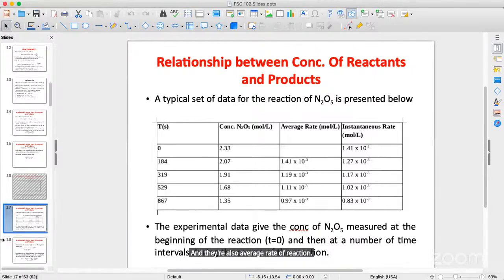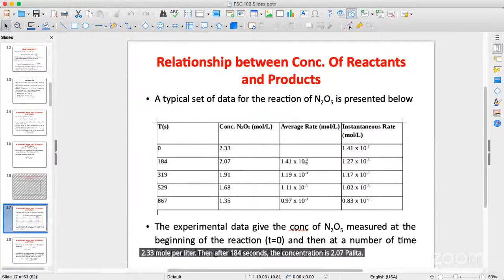Now, if you look at this, time in seconds, this is the concentration. When you're starting your reaction at 0 time, you're starting at 2.33 mole per liter. Then after 184 seconds, the concentration is 2.07 mole per liter.